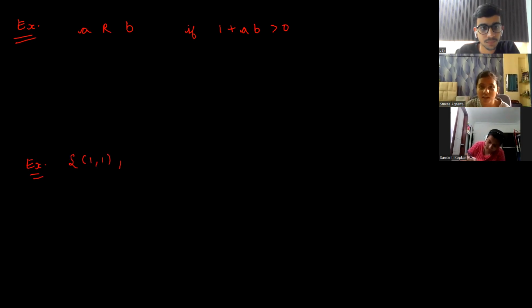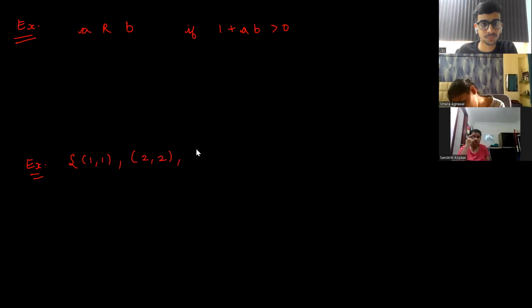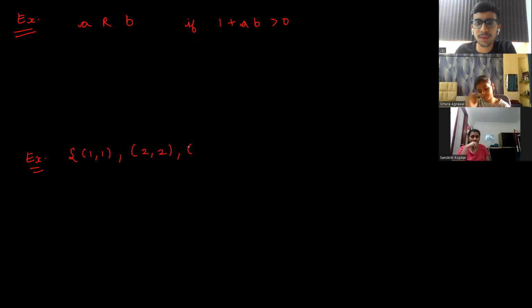What is the set? You can take it as integers or real numbers. A and B are both real numbers. Or rather, to make it easy, we can take it as integers also. Take integers.